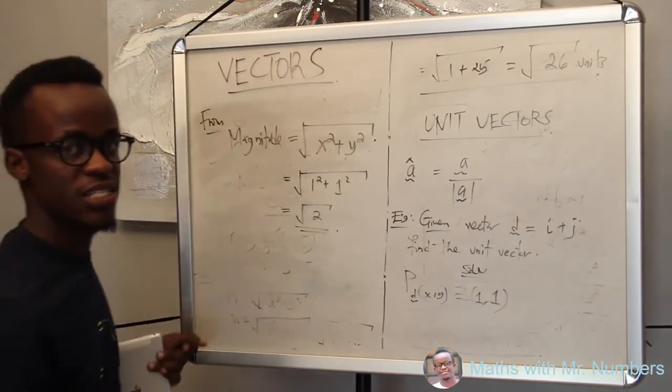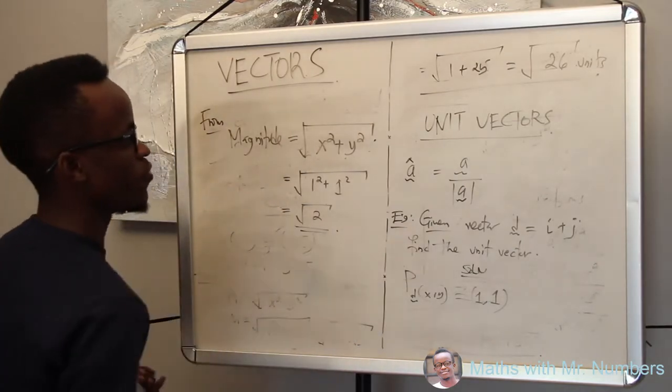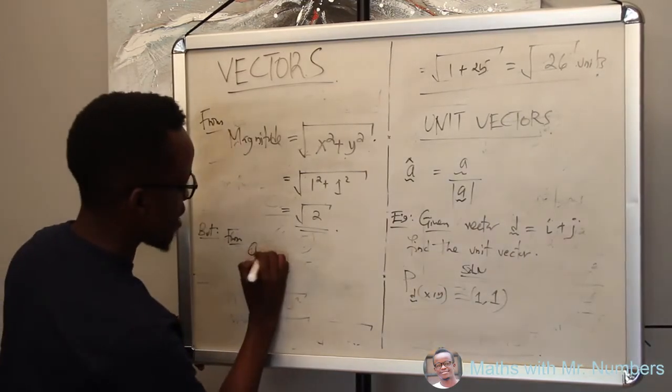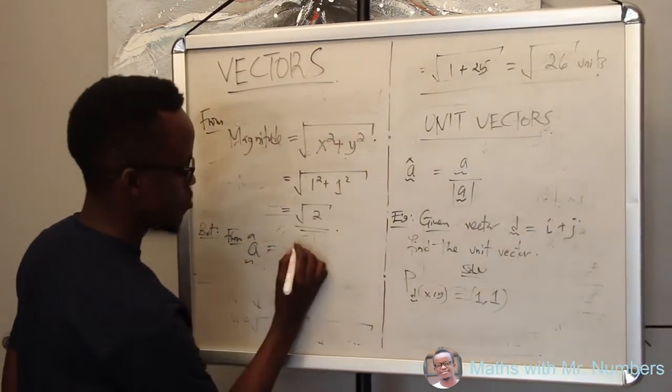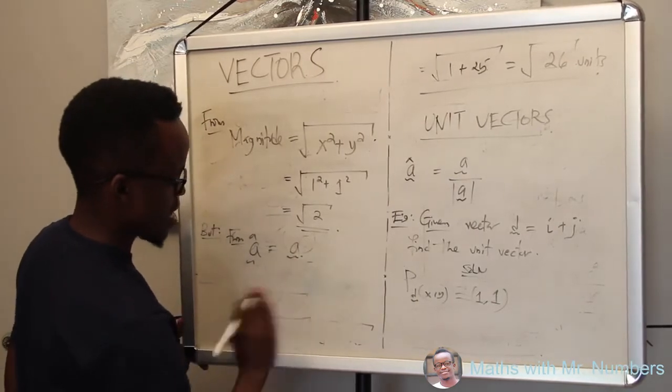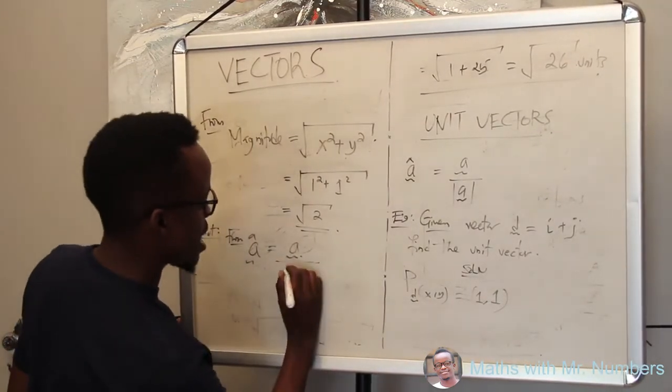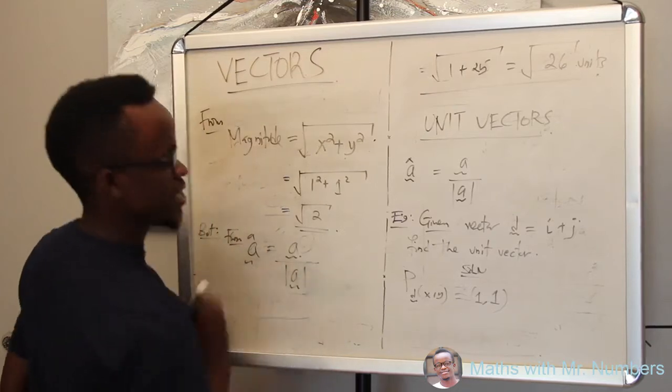After having the answer as the square root of 2, again you are going to find the unit vector. The unit vector of A equals a given vector A divided by the magnitude of that vector.